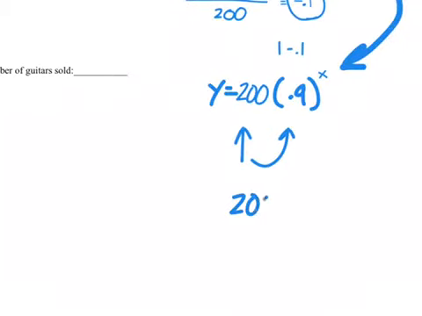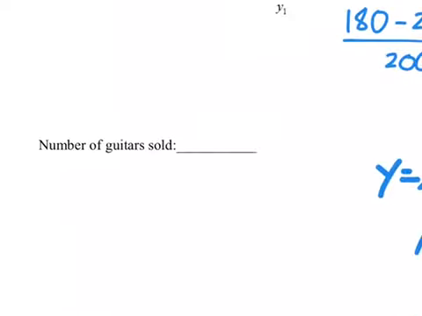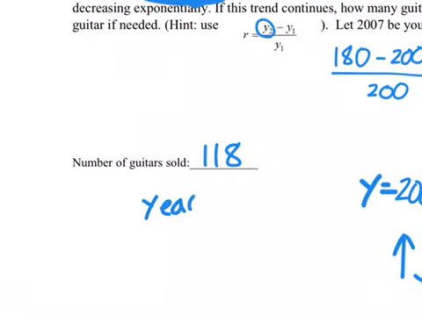So what we need to calculate is this: the initial amount, 90%, so we have a 10% decay, raised up to 5 years. And when we do that, it looks like they're going to be projected to sell 118 guitars in year 2012.